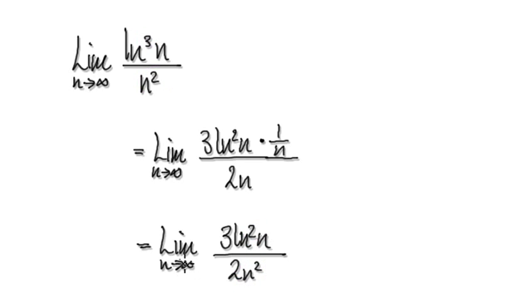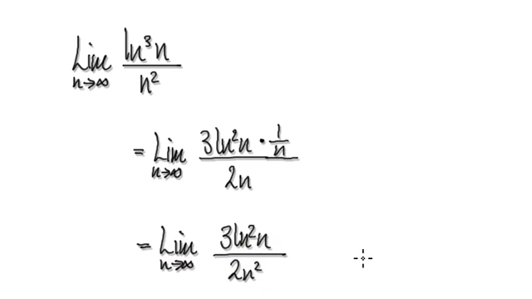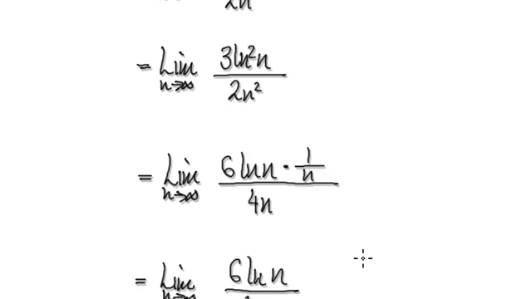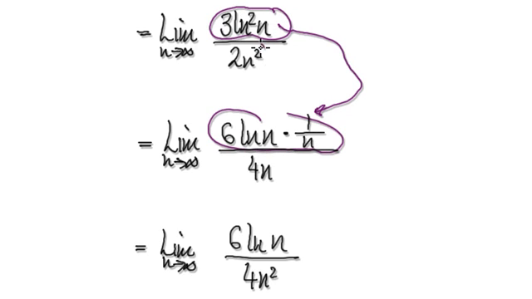Now let's check it again. As n heads towards infinity, this thing here will be infinity, this thing here will be infinity. It's an indeterminate form, so we can apply L'Hopital's rule again. Differentiate the top, that will give you this, and then differentiate the bottom, that will then give you this.